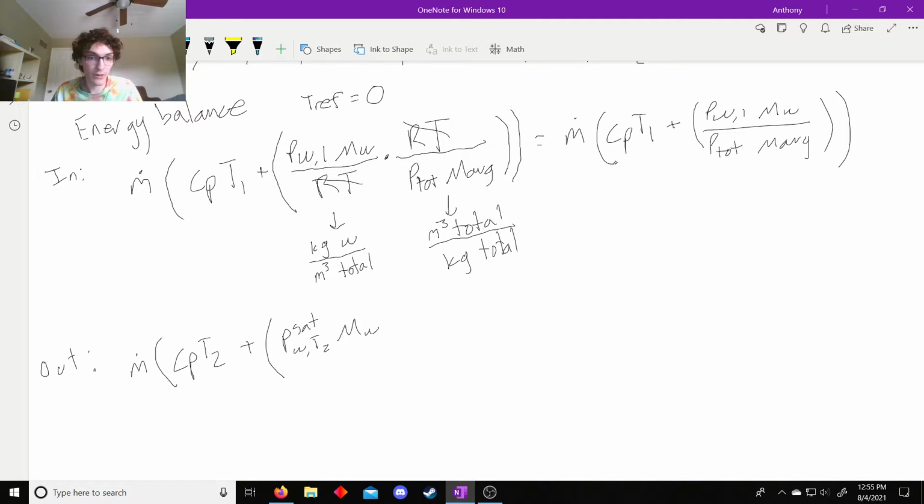Times the molecular weight divided by total, and the average. Okay.